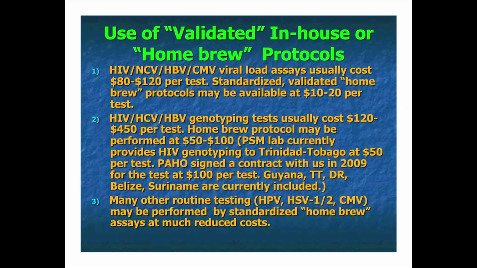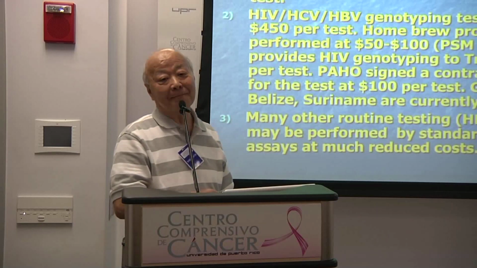For example, the HIV/HCV viral load assay is in the range of probably around $80, $100, $120 per test. Our standardized, validated homebrew protocol probably costs only about $10, $20.